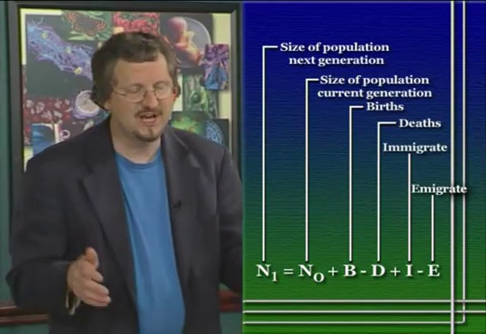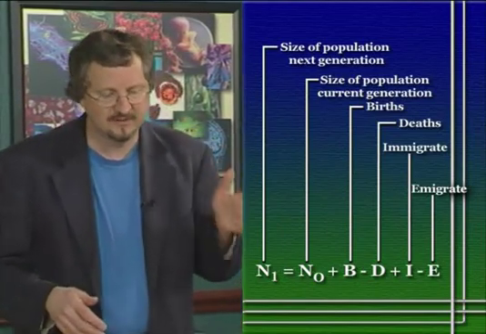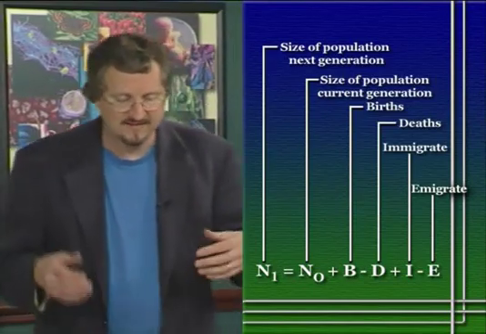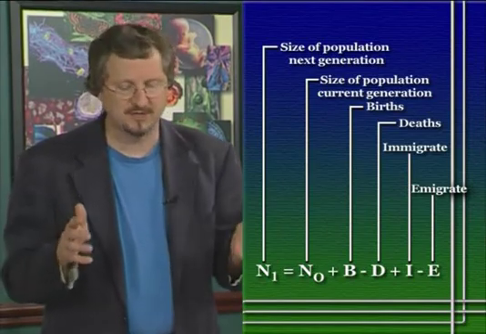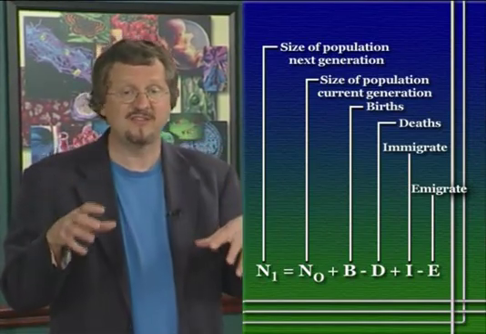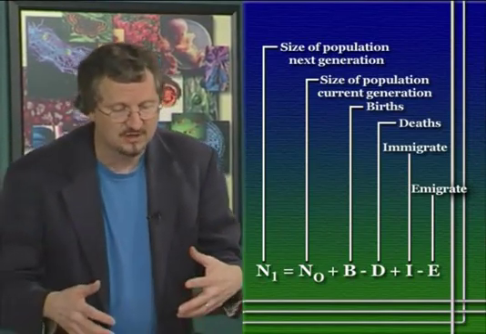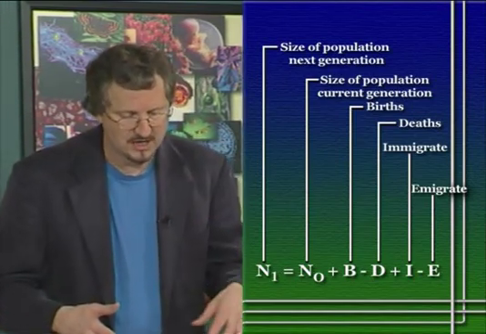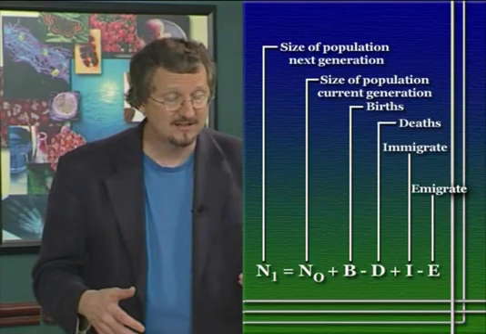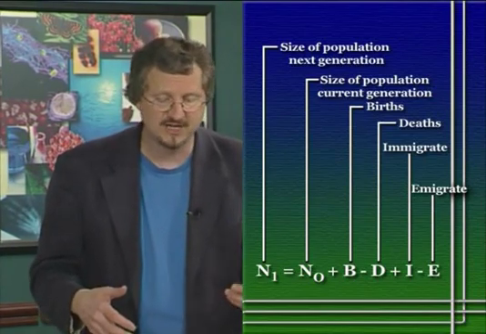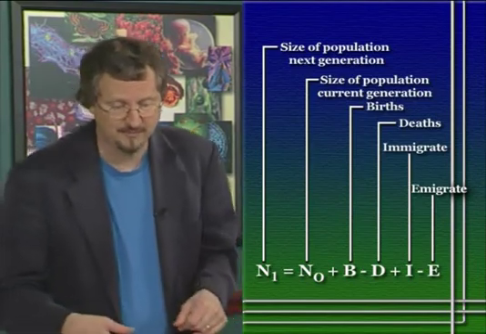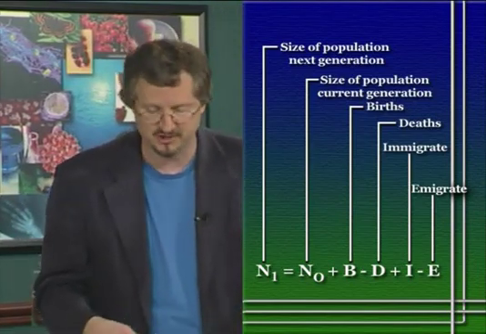So in English, the equation N sub 1 equals N sub 0 plus B minus D plus I minus E simply states that the size of a population in the next generation will be equal to the size of that population in the current generation, plus all the individuals that have been added to the population by births and immigration, minus all the individuals that have been subtracted from the population because of deaths and emigration.